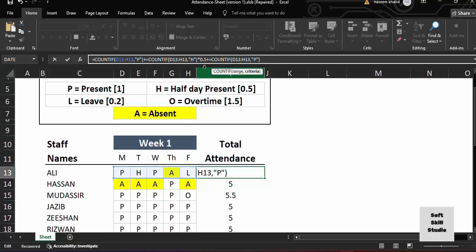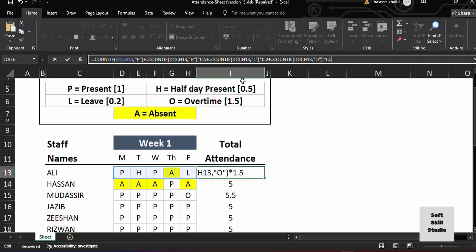and I also want to calculate the leave, so here I can write L, and the leave is 0.2, so I will multiply it with 0.2. Then again plus, and after that overtime, so copy the formula, and again here O, and for overtime multiply it with 1.5.